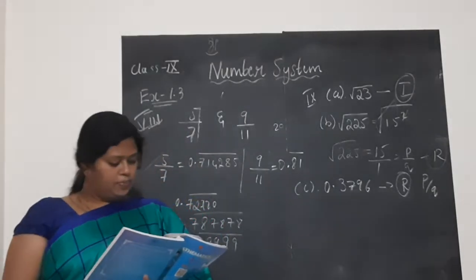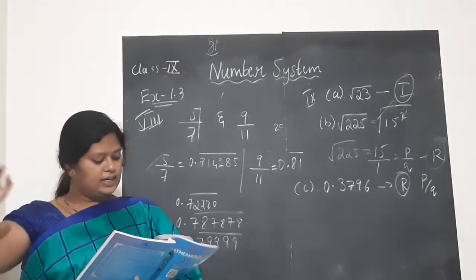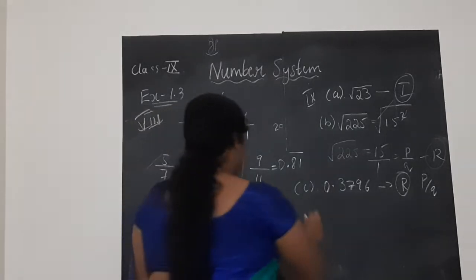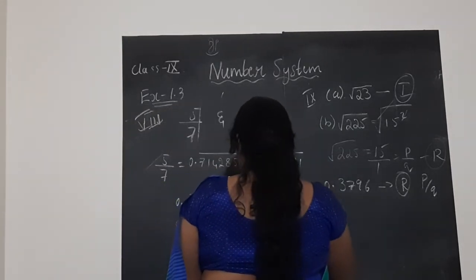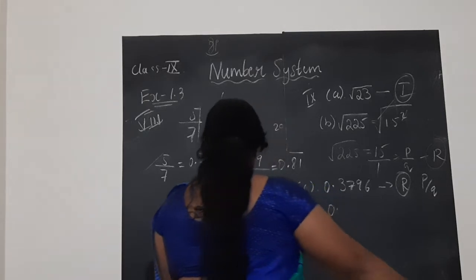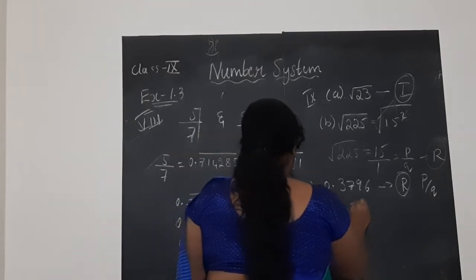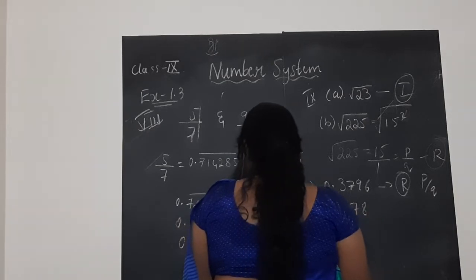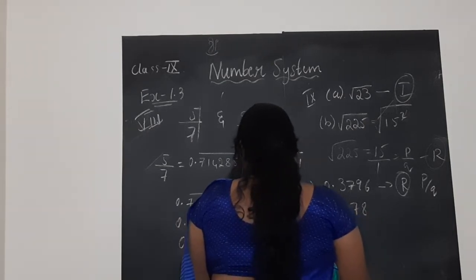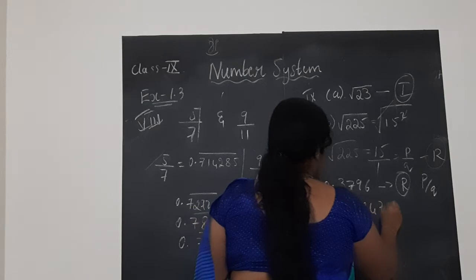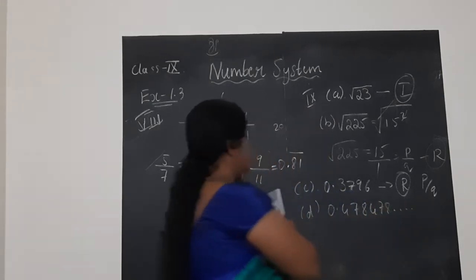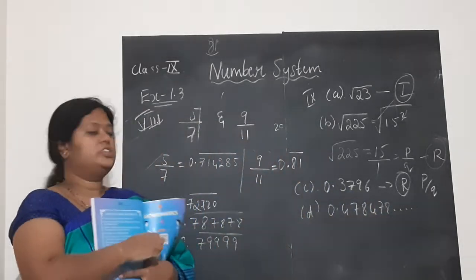Next is 0.478478 etc. is given. So the fourth question is 0.478 etc., children.